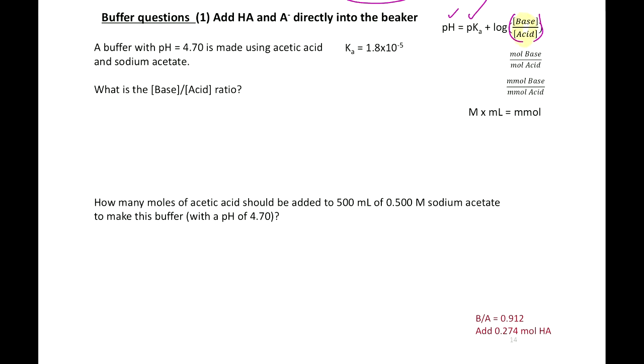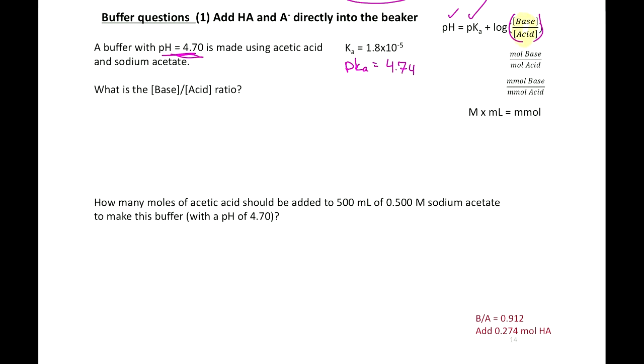So here is the given pH. Here's Ka, so you can calculate the pKa. The pKa for acetic acid is 4.74. I promise you by midterm 3, you will have memorized that the pKa of acetic acid is 4.74 because you will use it so many times. All right, so we're going to plug these numbers into Henderson-Hasselbalch and just solve for that missing ratio piece.